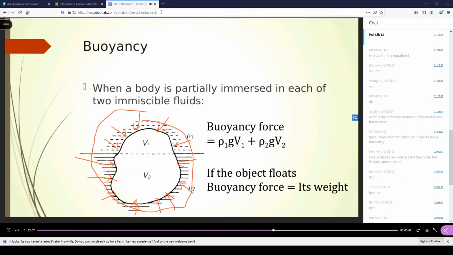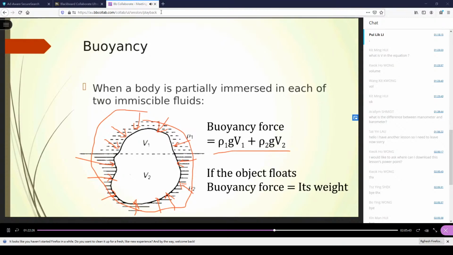There is no way the resultant force can be zero. And the buoyancy force is equal to this.